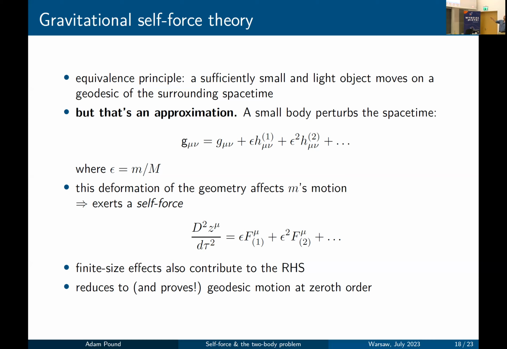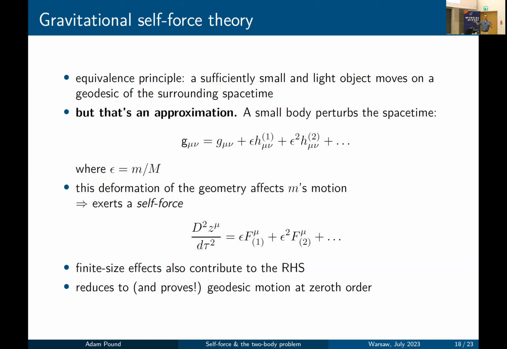In the case of an EMRI or a binary, the background space-time is the space-time of the larger body if it was just sitting there on its own, unaffected by anything. So this, for us, will generally be a Kerr metric. So we have Kerr plus perturbations: a first-order perturbation produced by the small object, second order, and so forth.